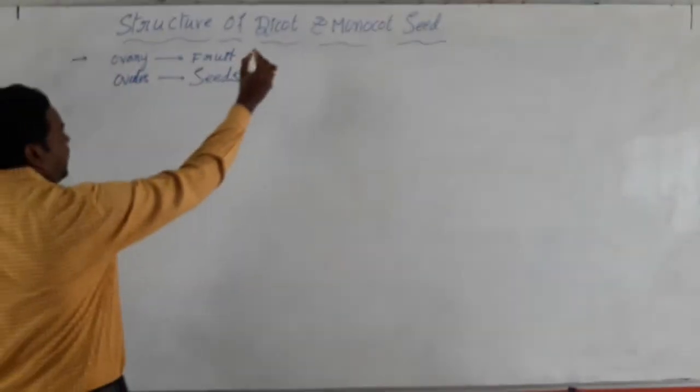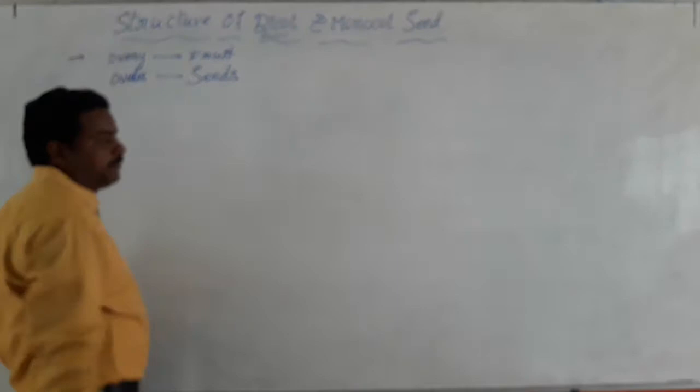At the same time, in the case of a dicotyledonous seed, every seed is represented by a seed coat. Externally, the seed is covered by a seed coat, and this seed coat is differentiated into an outer seed coat and an inner seed coat.